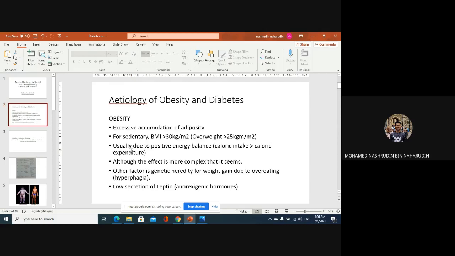Put simply, obesity is due to too much food intake, or hyperphagia. Hyperphagia is the scientific term for overeating.